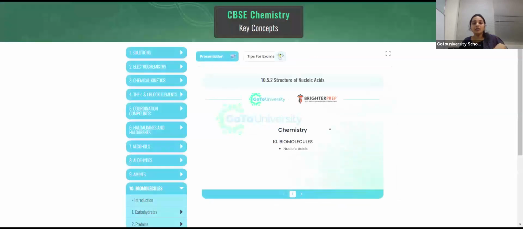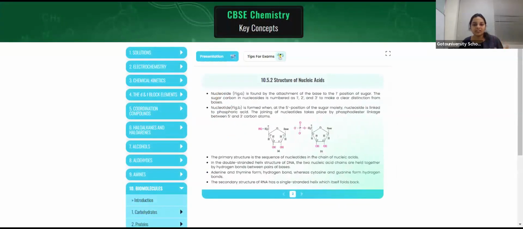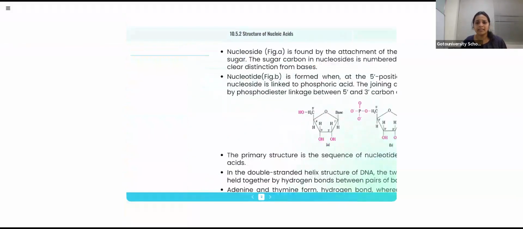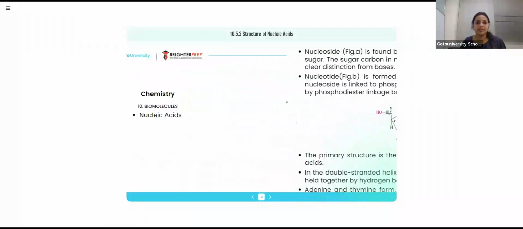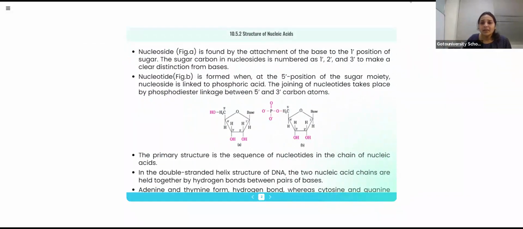Okay, now we are moving to the detailed structure of nucleic acid. Listen. We are moving to different terms, that is nucleotide and nucleoside. What is the difference between nucleoside and nucleotide?